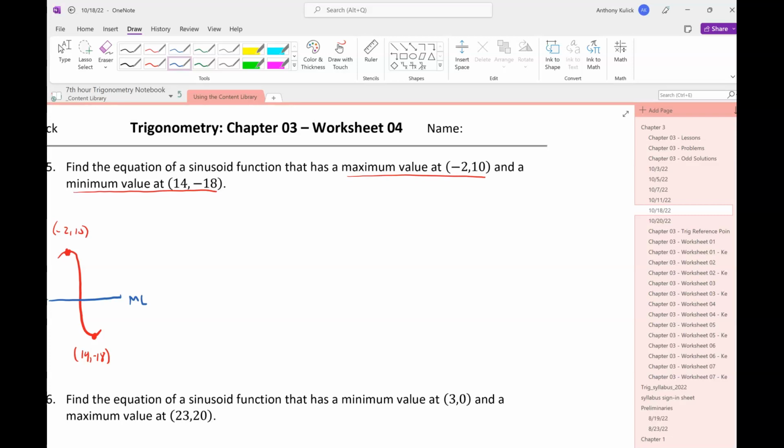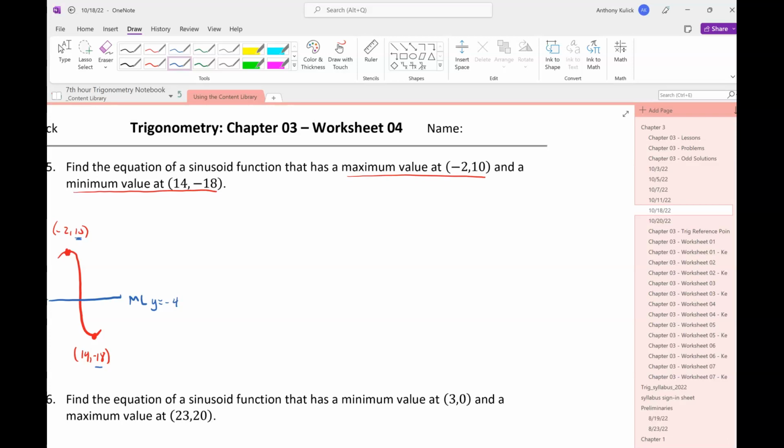So the midline needs to be halfway in between 10 and -18. What's halfway in between 10 and -18? About -4. Right?